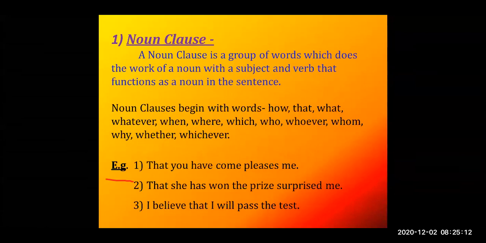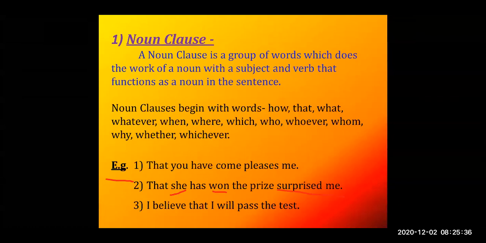Now in this clause, she is the subject, won is the verb. Which is the subject? She is the subject, won is the verb. Then "surprised me" acts as the subject of the verb "surprise".